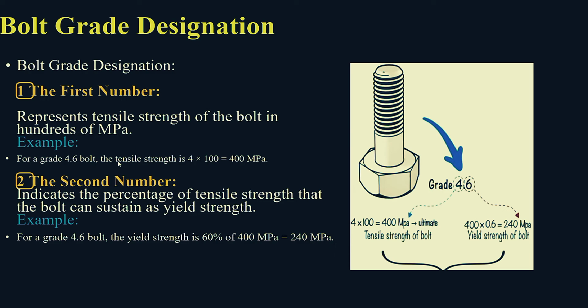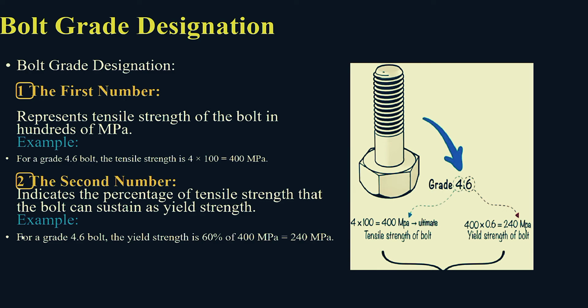The second number, that is after the decimal. Here in the figure you can see grade 4 point 6. The second number indicates the percentage of tensile strength that the bolt can sustain as yield strength.